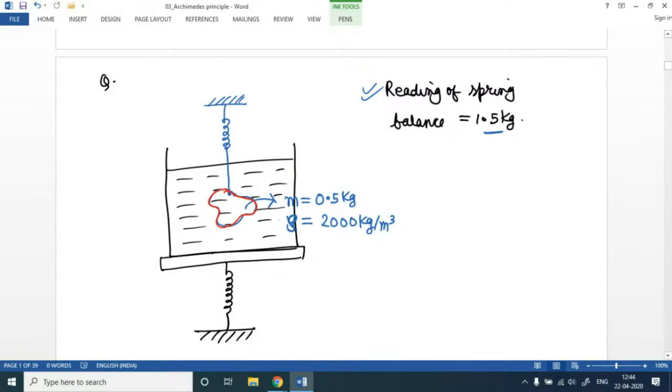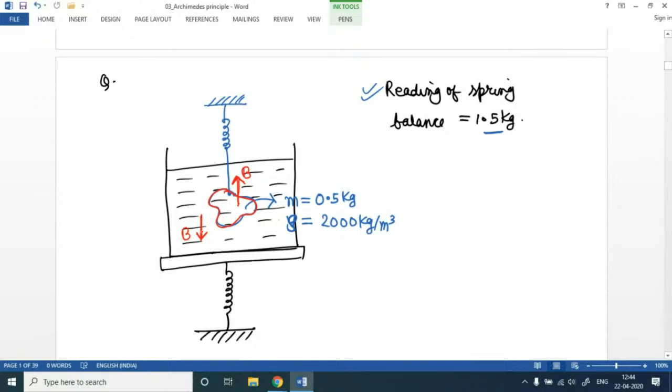The liquid will exert buoyancy on this body in the upward direction, so an equal and opposite force will be exerted by the solid body on the liquid, and that would be B in the vertically downward direction. That is basically an action-reaction pair. This arrow I have drawn is the force exerted by the liquid on this solid, so the equal and opposite force is exerted by the solid on this liquid.